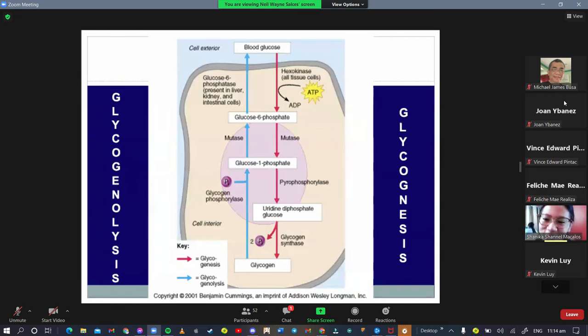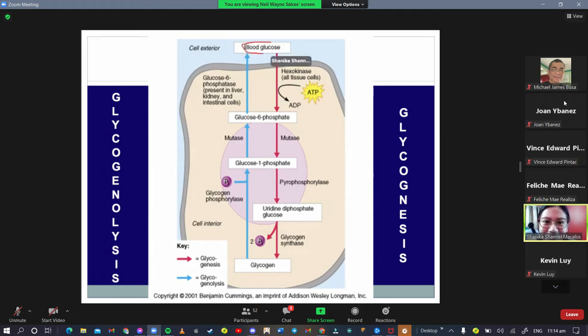So glycogenesis, from the term glycogen, is the formation of glycogen, so from glucose to glycogen. So here we will start at the blood glucose.